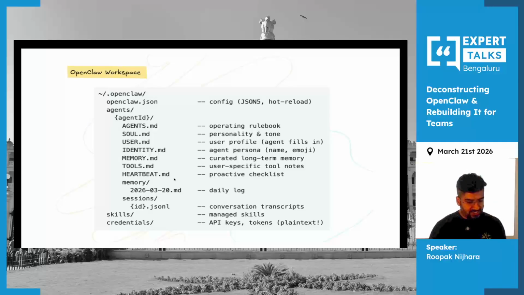Then you have sessions, which are nothing but JSONL files, which contain your interaction history with the agent. So these also obviously go in the context when you're interacting with the agent. And then there are skills. We'll go into skills again.